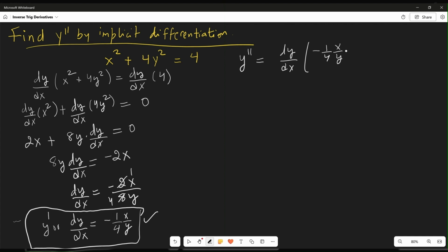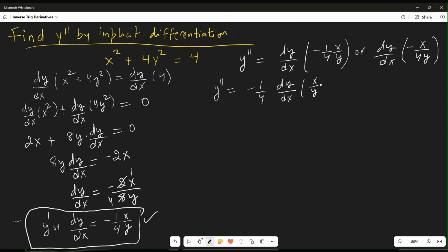Either way, it is still the same thing. Applying the constant multiplier rule, we can take the negative 1 over 4 out and then just apply the quotient rule on x over y.